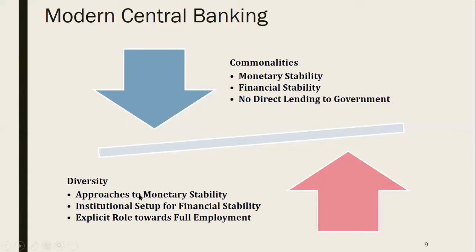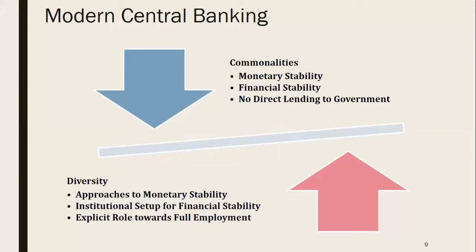Then the differences. These are similarities, then these are differences. Approaches to monetary stability. That means even though all central banks want to maintain monetary stability, the approaches or methods they use to achieve this might be different from central bank to central bank.